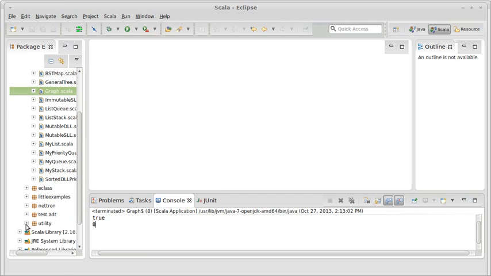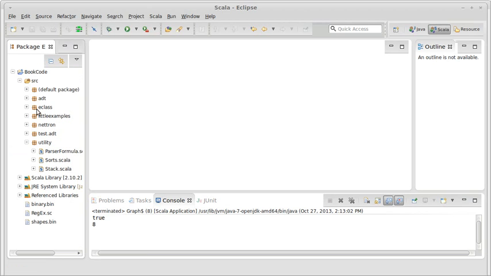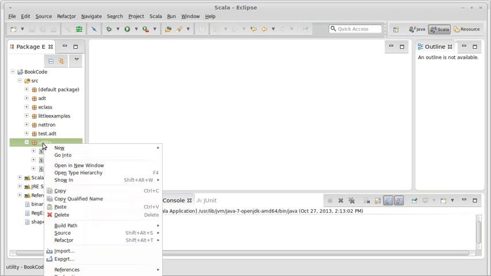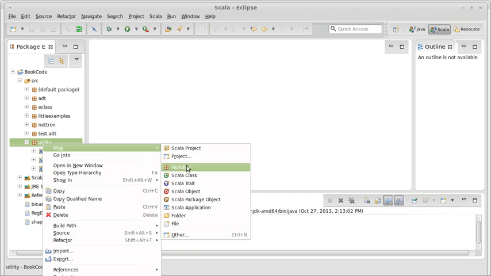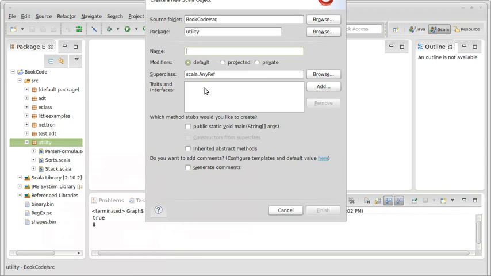So I'm going to put this in our utility package, and we'll go ahead and create a Scala object here for an expression parser.